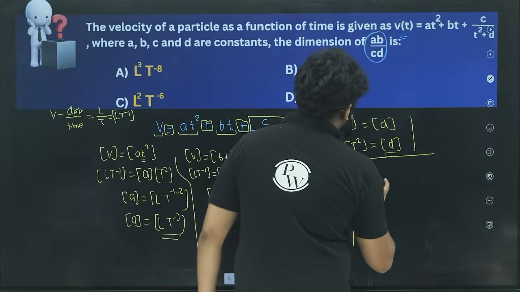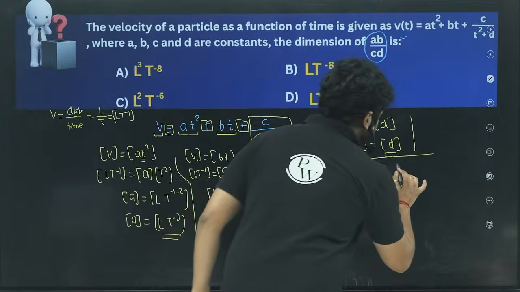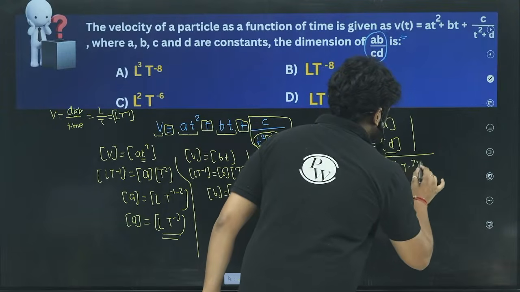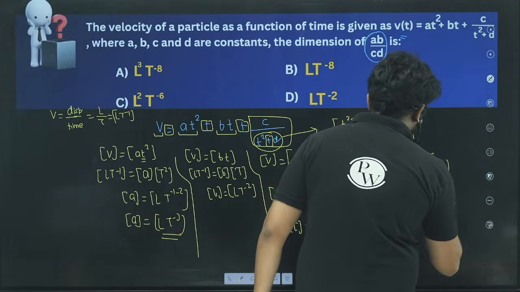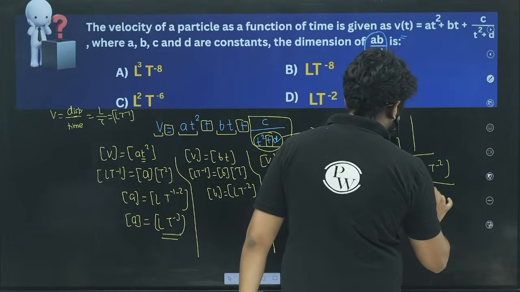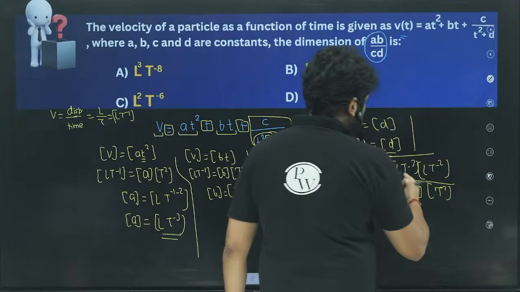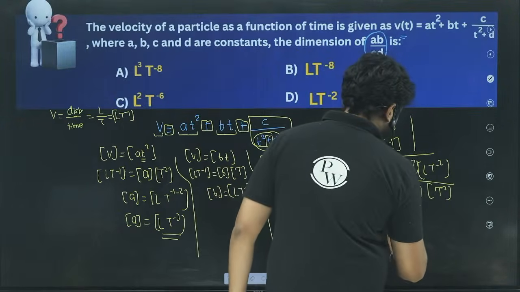T upon CD. So the dimensional formula for A is LT^-3. The dimensional formula for B is LT^-2. The dimensional formula for C is L into T only. And the dimensional formula for D is T^2. Just put the terms of L together and the terms of T together, and you will have it.